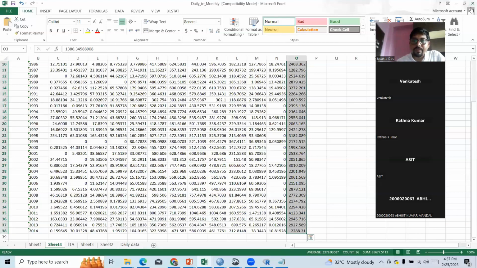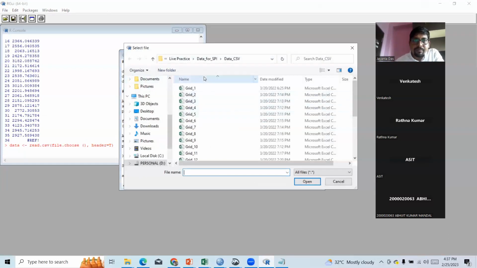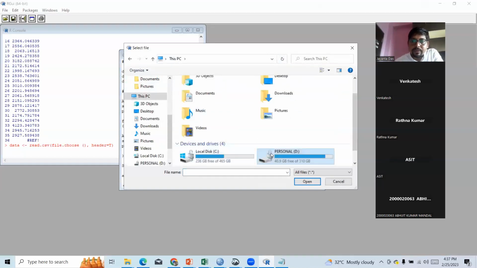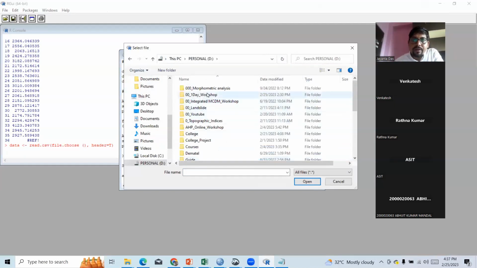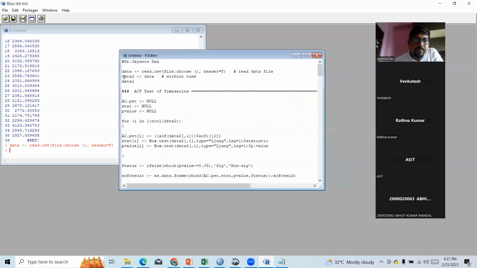We have to input our data again. This spacing. Deep folder, live practice. Yeah, now everything is okay.